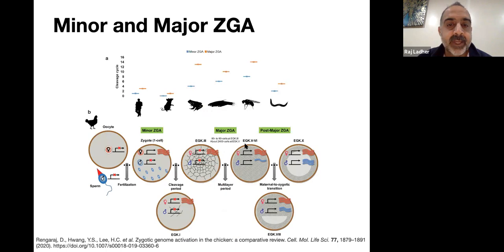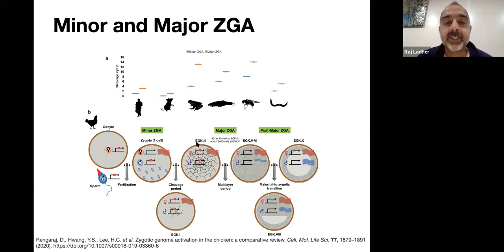Thanks, Shubha. What you're looking at here is the avian embryo. Avian embryos develop outside, but have a substantial amount of development going on inside the hen. Those stages of development are shown by this stage series, the EGK series, the Eyal-Giladi and Kochav stage series.